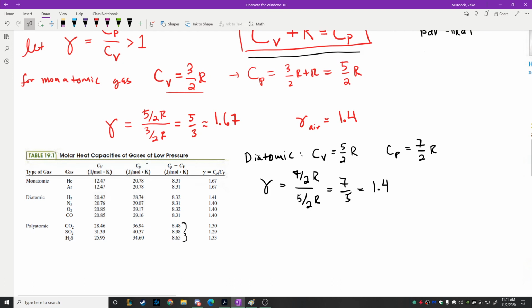Once you've determined them, you can subtract these. If the value you get is 8.31, then the gas must be an ideal gas. That's basically a measurement of an ideal gas, if the difference is exactly this. But if it's not, then it's basically not an ideal gas. That being said, we can still measure gamma, and we can still use it to do calculations, as we'll see here in a little bit.